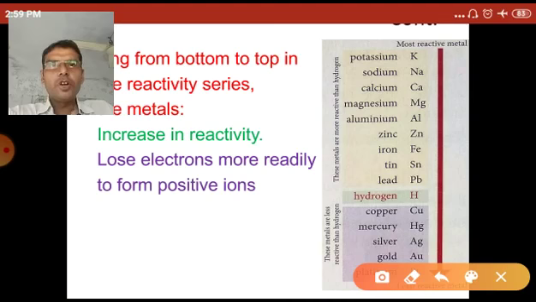If a metal easily loses its valence electrons, that metal is more reactive. If the tendency to lose electrons is less, that metal is less reactive. So when we move from bottom to top, the loss of electrons by the metal readily increases and they form positive ions. So potassium releases its electrons and forms positive ions more easily than calcium and the other ones.